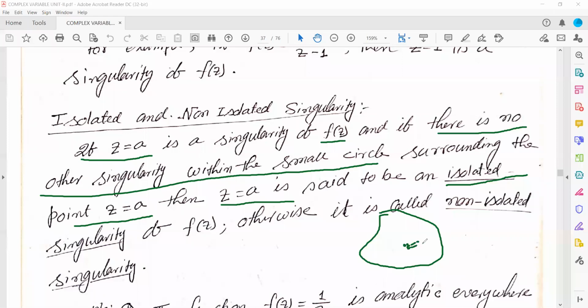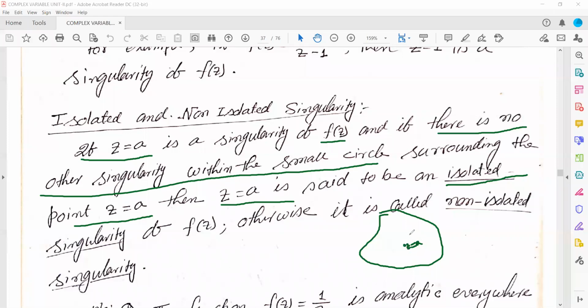Suppose at this point the derivative of the function does not exist. That means this point z equal to a is called a singularity of the function.